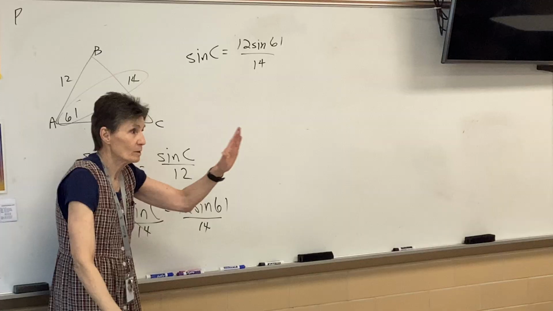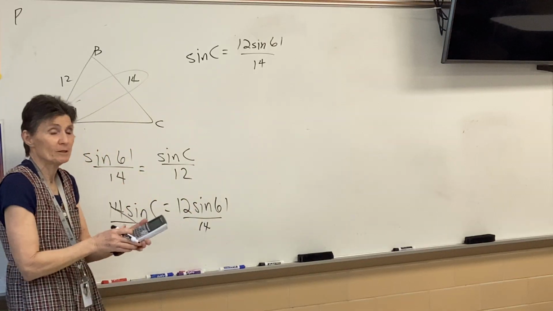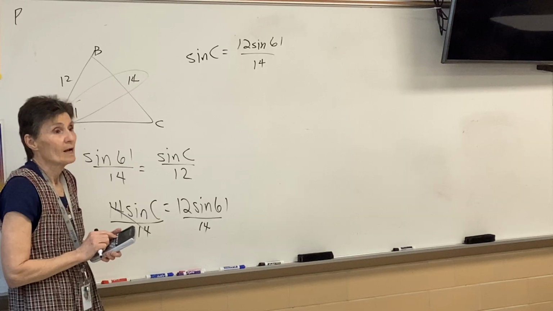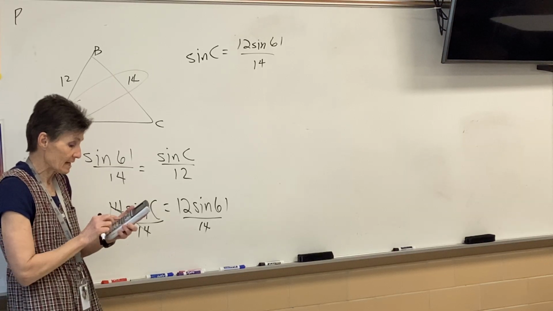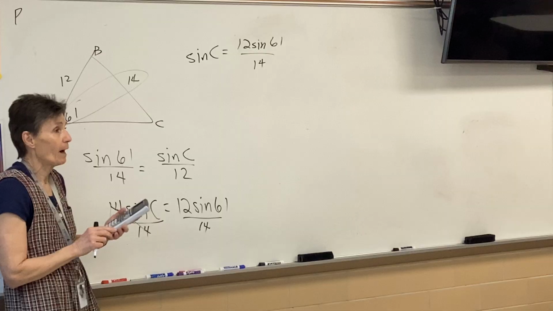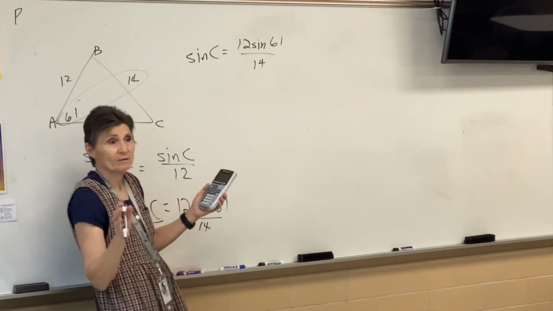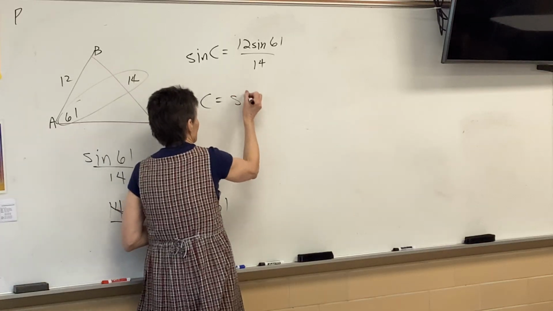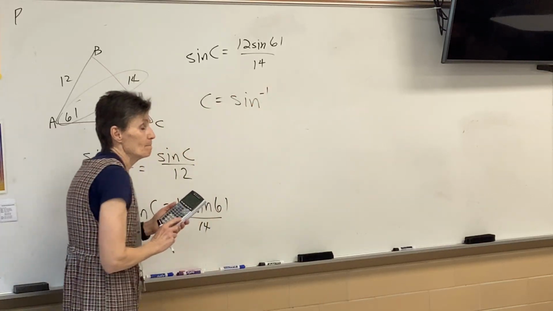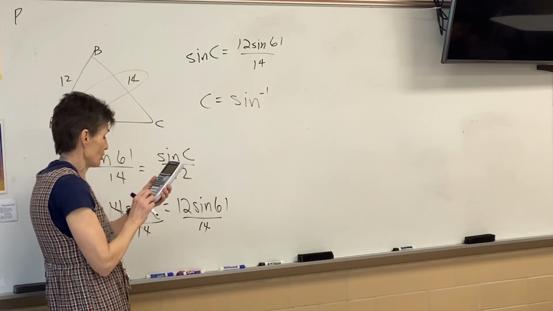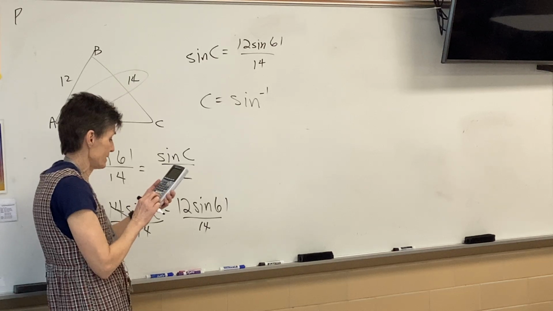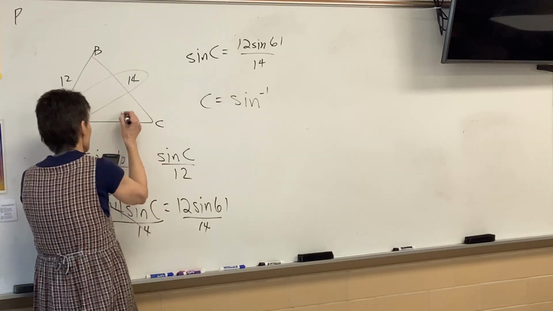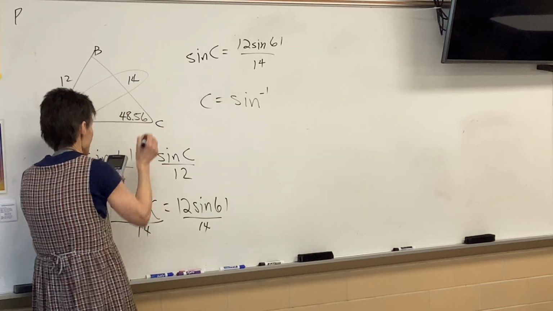Now I see everybody's going to the calculator, which is exactly what you should be doing. But be careful, what are you typing in? Inverse sine, second sine, whatever you want to say it, it's this. And then that fraction. So 12 sine 61. I got 48.56.